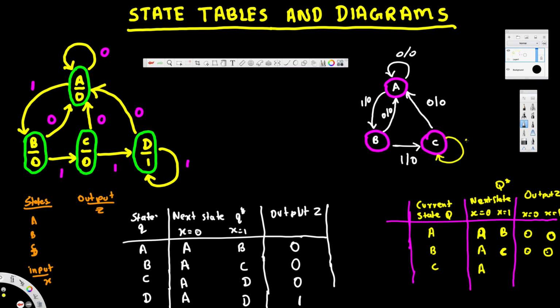And when the input is 1, it goes to C again and the output is 1. And this is the state table for the second diagram. Okay, this is for the first diagram, this is for the second diagram.